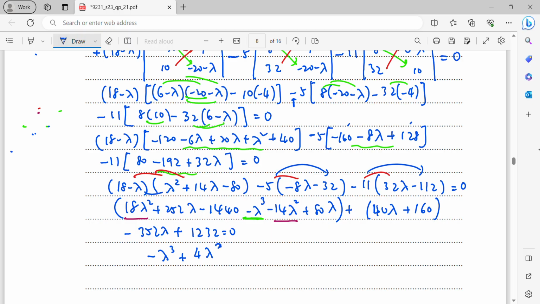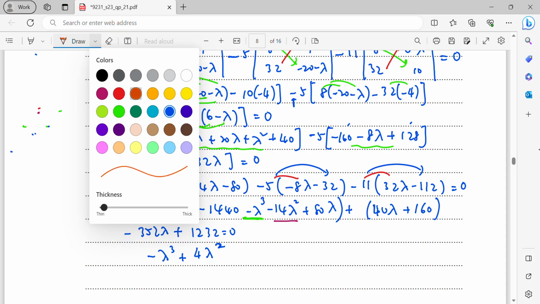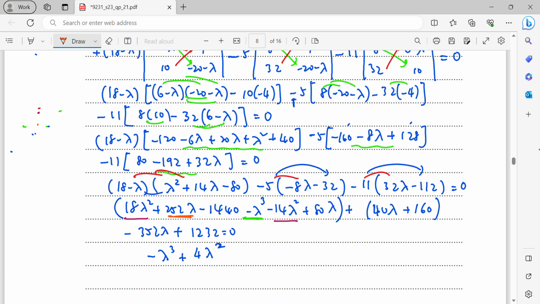Now, for the lambda, 252 lambda plus 80 lambda plus 40 lambda minus 352 lambda, you will be getting plus 20 lambda.